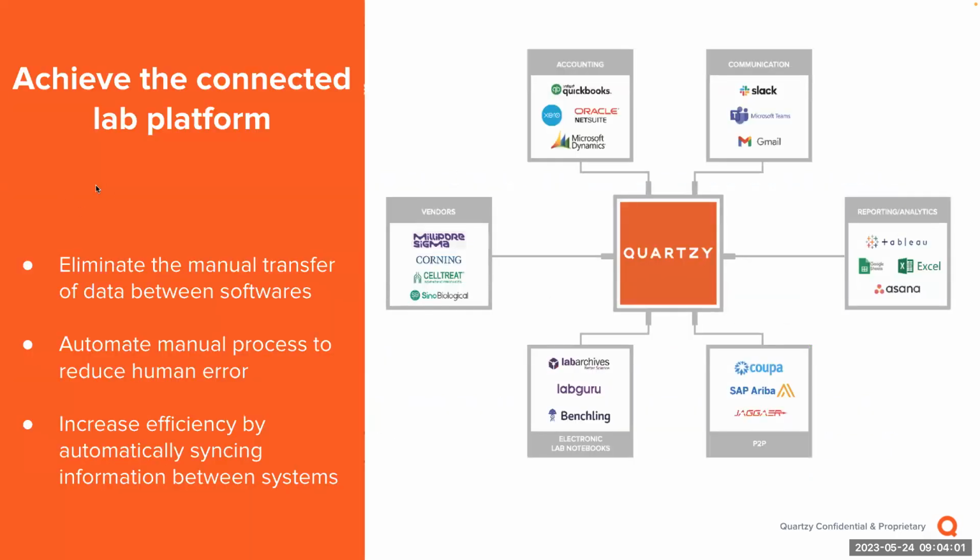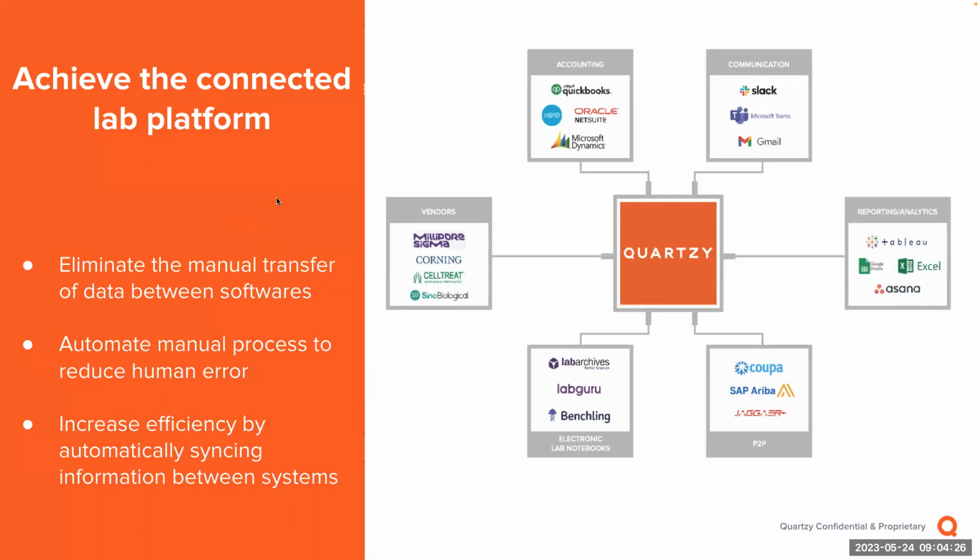So you can see here, you'll be able to eliminate manual transfer of data between softwares. So like we'll go over later, instead of having to copy paste any information to Google Sheets, if you want to track your requests that way, this data flows automatically into Sheets. And you'll increase efficiency by, again, automatically syncing the information between systems.